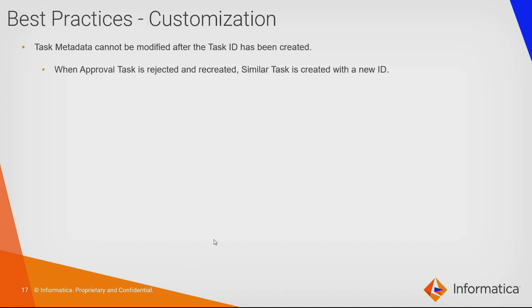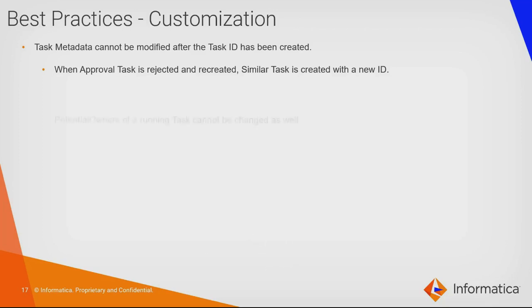If you want to go through the out-of-the-box workflows, in case of an approval, rejection, and then a recreation of a task, we always create a task with a new ID. Even though it is similar, a new task ID is generated in the backend.